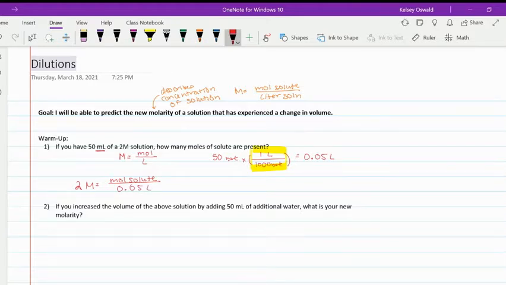To solve for our moles of solute, or how many solute particles we have in the solution, we multiply both sides by 0.05 to get our moles of solute by itself, and we'll find that we have 0.1 moles of solute.